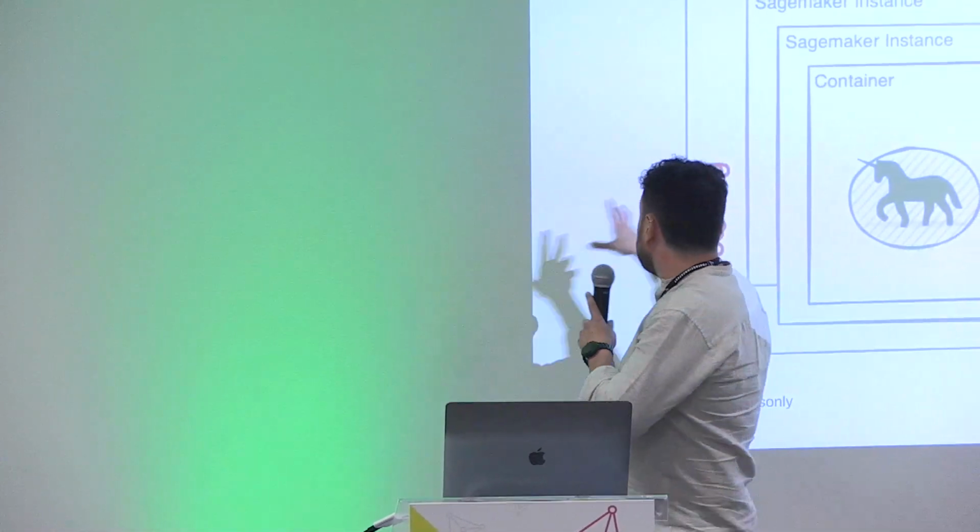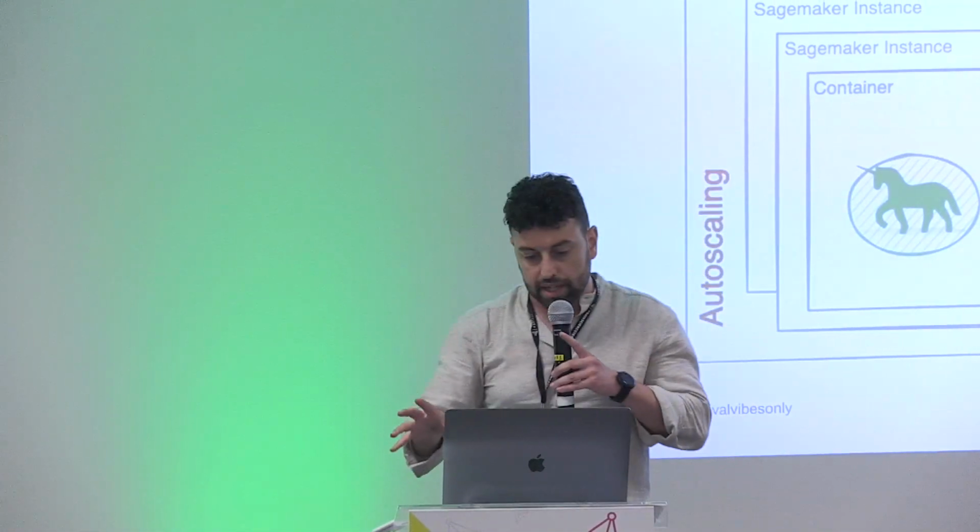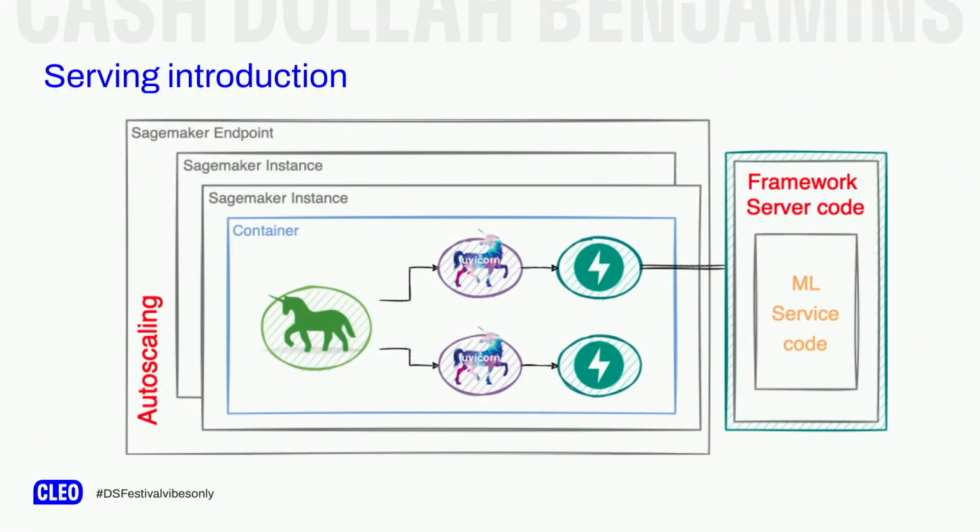And inside each SageMaker instance, we have a container that is defined with a Dockerfile. That is the one built by S2I, the one that I mentioned before. And inside the container, we have Gunicorn, then a number of Uvicorn workers according to the size of the instance, and then the FastAPI application, that is this thing here.